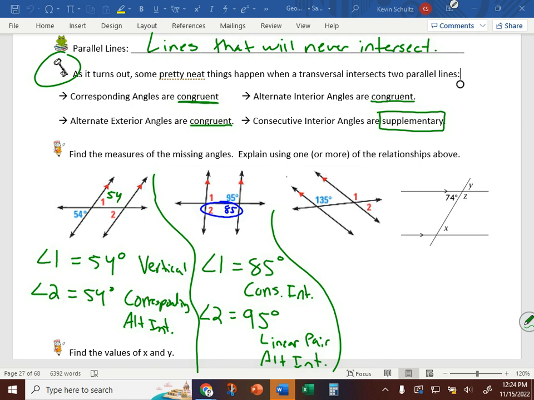If you're done with that, go ahead to the fourth one, X, Y, and Z. 3 angles to solve for there. And if you're really feeling like you got this down, you can go on to the section below where you're solving for X and Y based on these relationships. But if you're not there yet, don't worry about it. We'll go over some together.